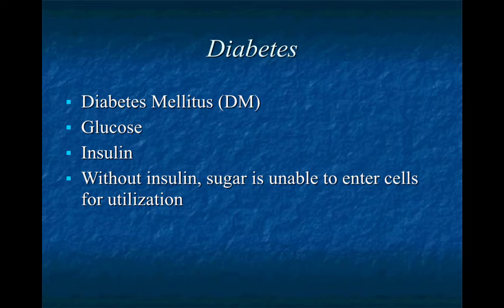So, insulin, remember, is a hormone produced in the pancreas, and basically there are two types of cells. There's the alpha cell and the beta cell. The alpha is glucagon, and the beta is the insulin, and glucagon is what stimulates the breakdown of glycogen.